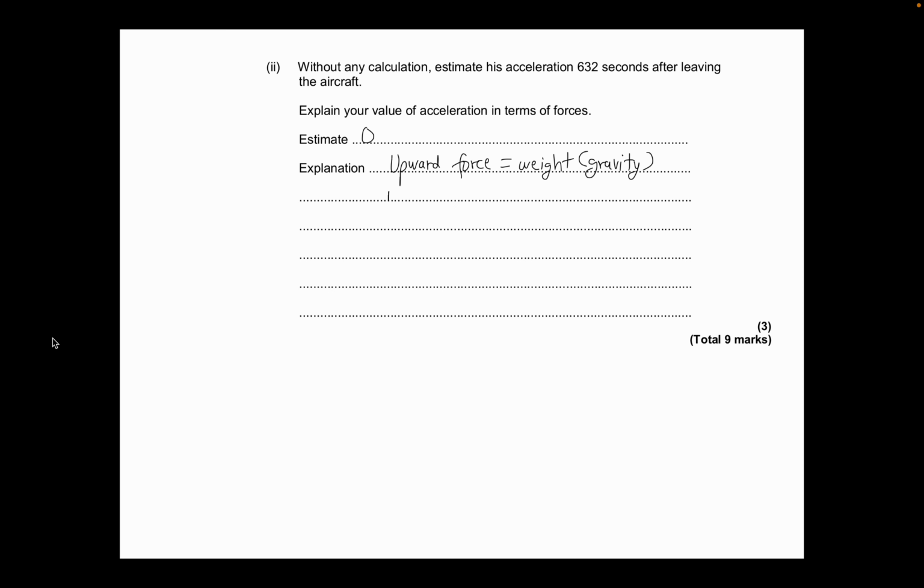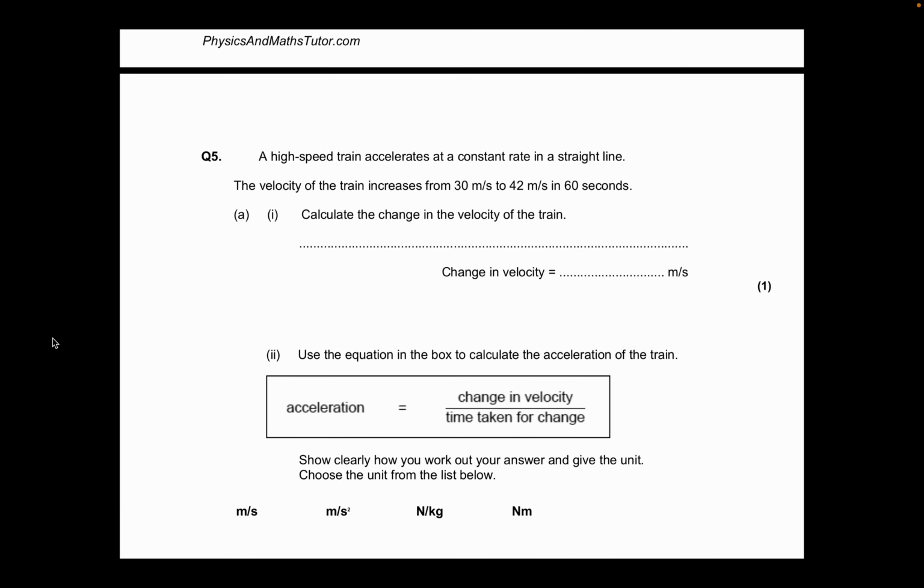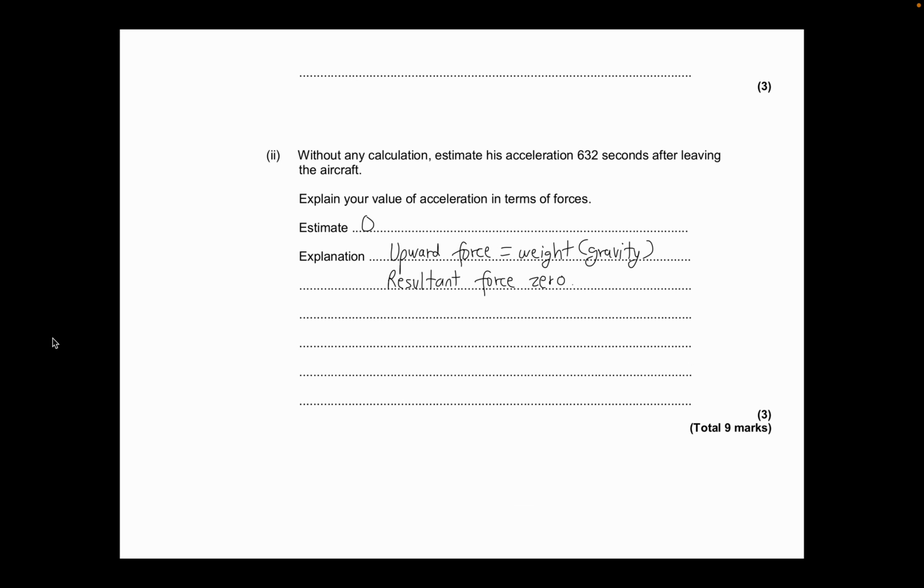And that means the resultant force is 0. This is going to be the answer for roughly 3 marks. Let's move on to the next question. Hopefully you guys have written that down.